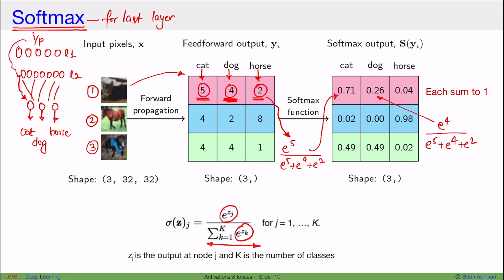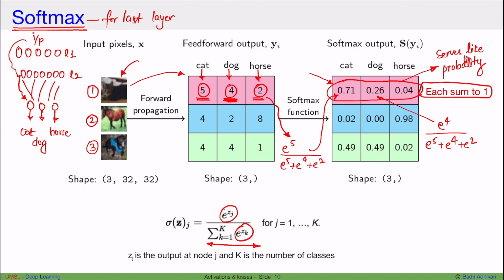So the beauty of this output is that now the total sum of all of these is equal to 1. This way, this output now serves like probability. In a way, now I can say, given this picture that we have, the probability that it is a cat is 0.71, the probability that it is a dog is 0.26, and the probability that it's a horse is 0.04.